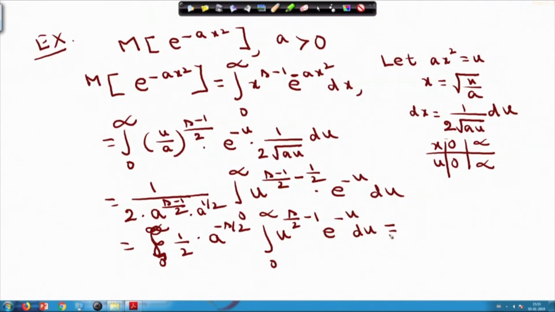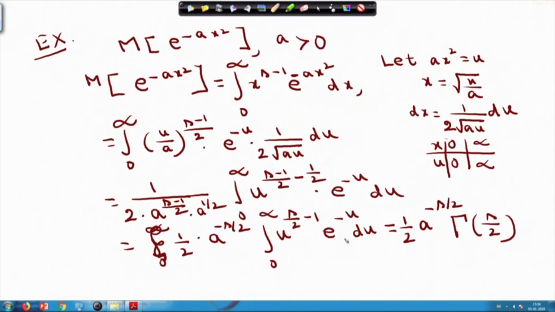If you see this integral, 0 to infinity u to the power s minus 1 by 2 into e to the power minus u, I can express it directly in terms of the gamma function. So, I can write half into a to the power minus s by 2, and the value of this integral, u to the power s by 2 minus 1, is gamma of s by 2.